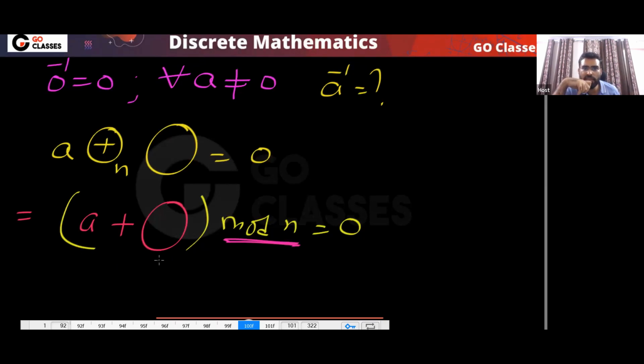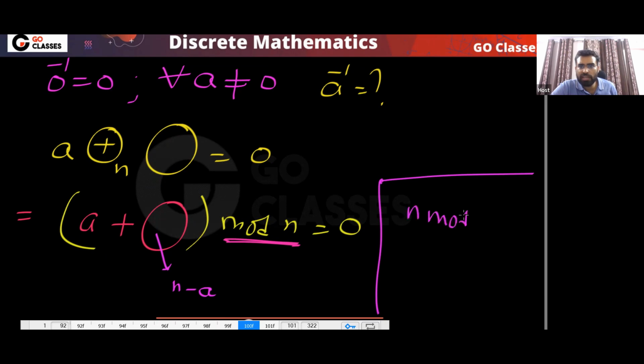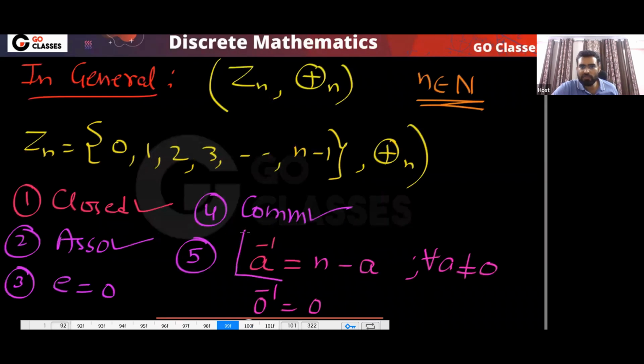Agree? So I should write here n minus A. Is it clear? Because n mod n will be 0. If I put n minus A, then n mod n will be 0, and this is your identity element. So A inverse will be n minus A, but 0 inverse will be 0.